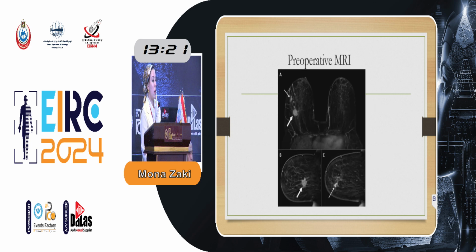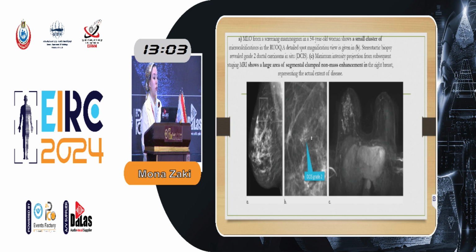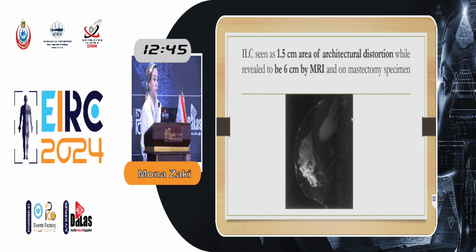As you can see here, in this case, preoperative MRI adds the information that there is multifocal affection, and also multicentric affection. Also in this case, there was a very small group of grouped microcalcifications, pathologically proved to be ductal carcinoma in situ, but when the patient did preoperative MRI, it delineated a very large area of affection by the in situ component.